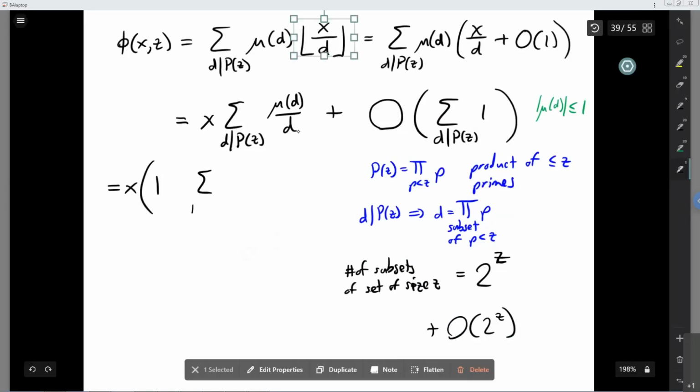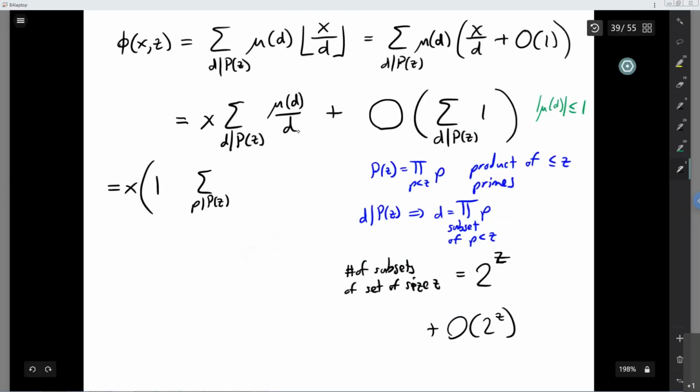Those are specifically primes that divide p of z. And if we plug in a prime, well, mu of a prime is negative 1, so this is going to be a minus, and then 1 over p. The next kind of subset are products of 2 primes.